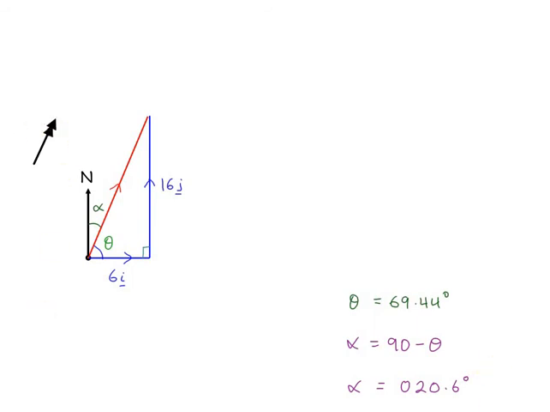And the magnitude of the acceleration was 17.1 meters per second squared. So we have acceleration in vector form, 6i plus 16j, and then we have the magnitude of the acceleration, and the arrow is giving the direction along here for our acceleration. So magnitude and direction for acceleration.